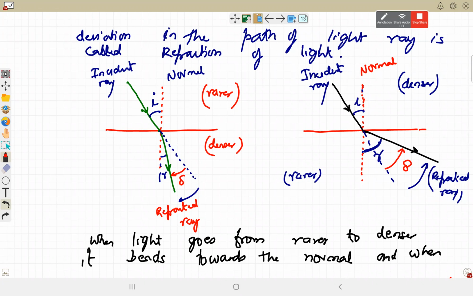What is the angle of deviation? Angle of deviation is angle between incident light ray and the emergent or refracted light ray.